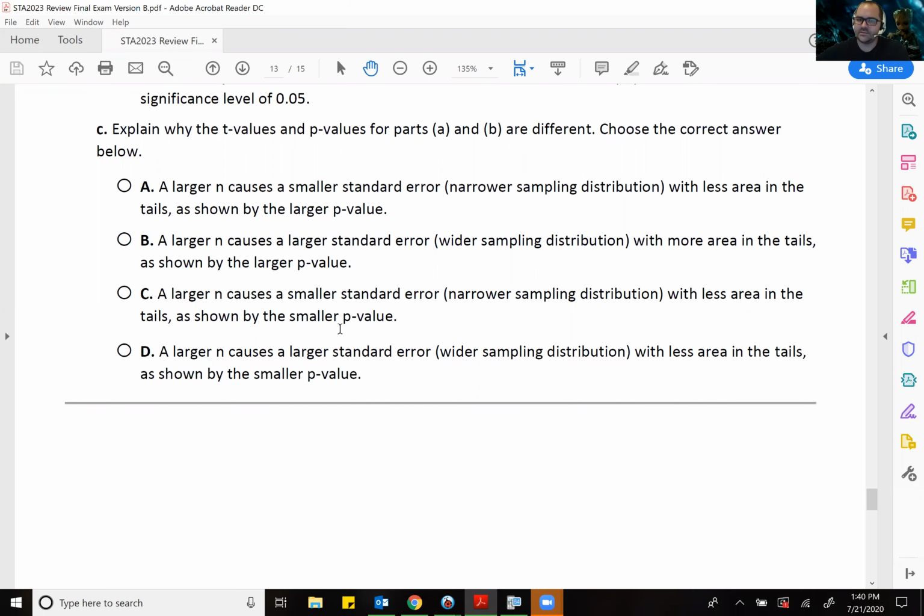In other words, a narrower sampling distribution with less area in the tails.